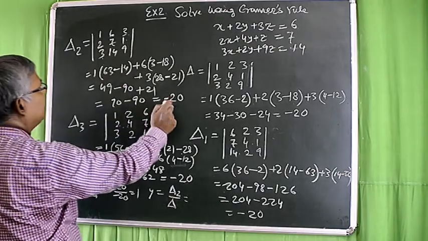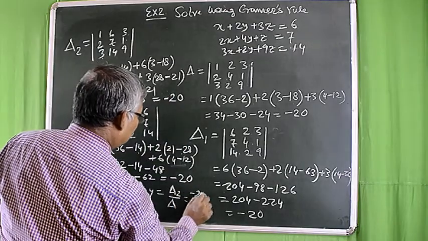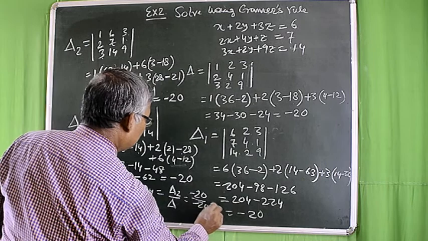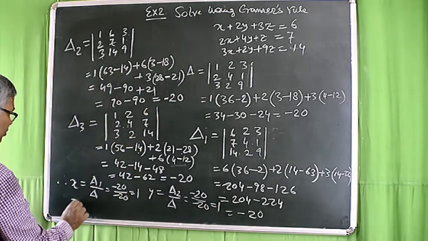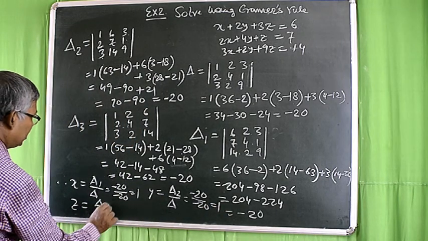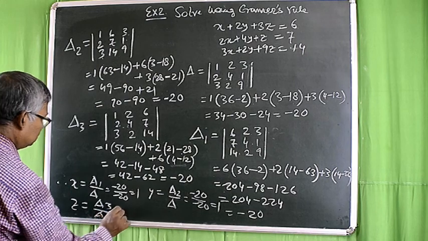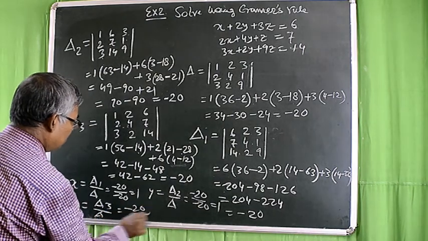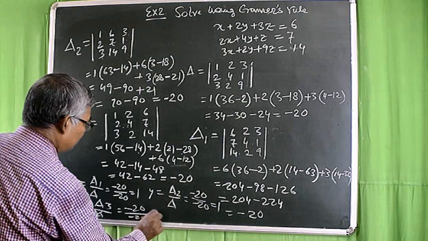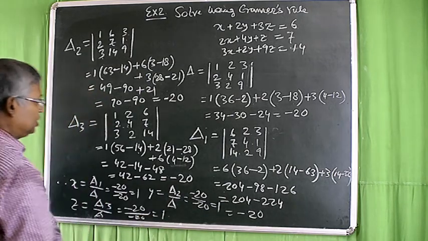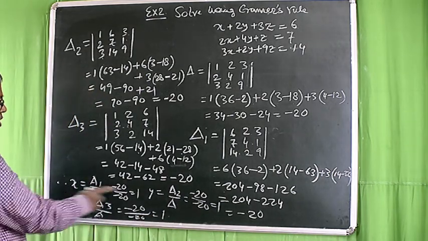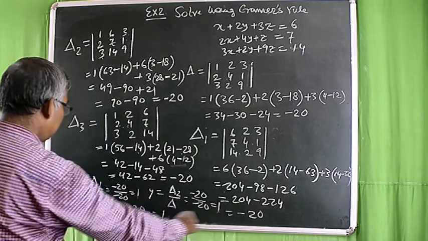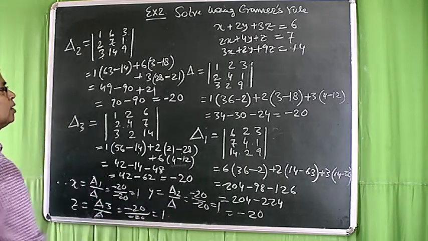That is minus 20 by minus 20 equal to 1. Z equal to del 3 by del, that is minus 20 by minus 20 equal to 1. Therefore we get x equal to 1, y equal to 1 and z equal to 1.